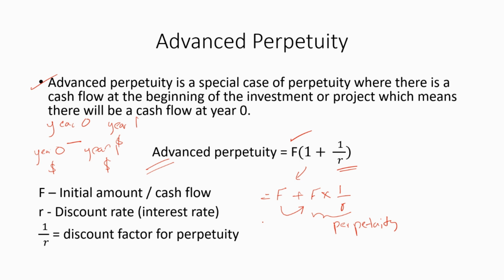Let's say there will be an advanced perpetuity where the cash flow is $100. So simply we add the initial amount to the perpetuity amount. Perpetuity is 100 over discount rate. So simply what we are doing here is adding the present cash flow to the perpetuity amount. So it will become the advanced perpetuity.